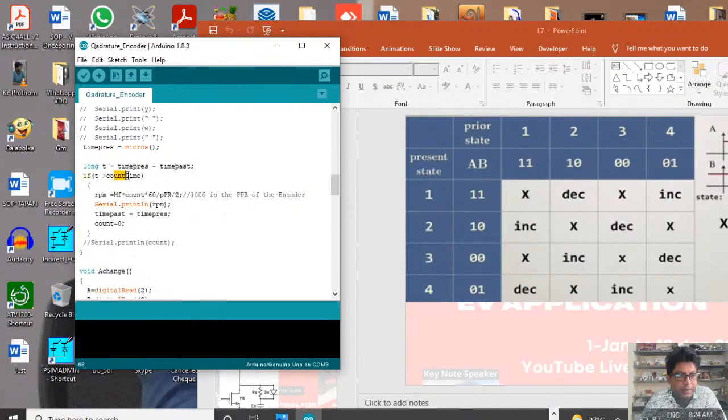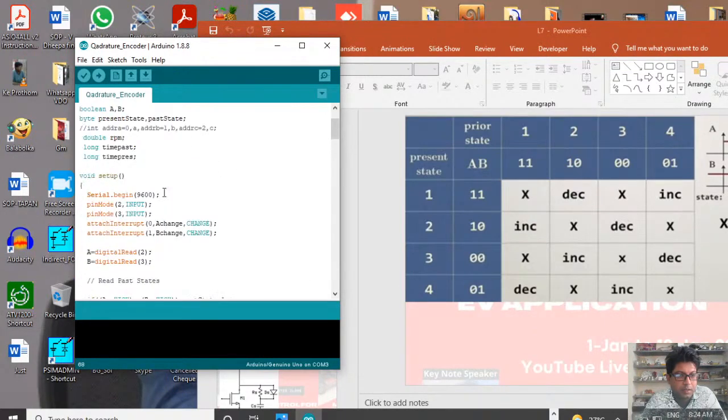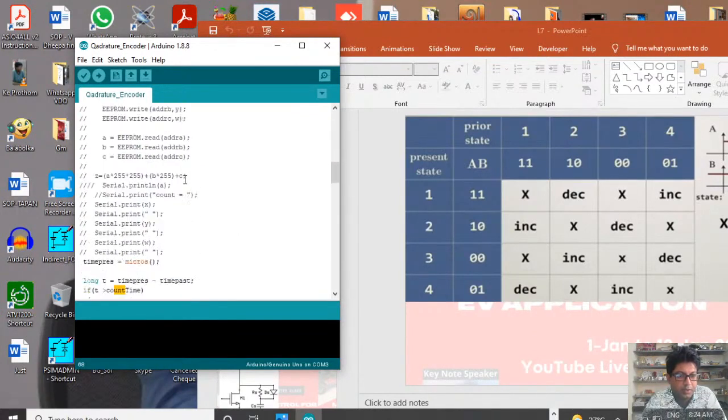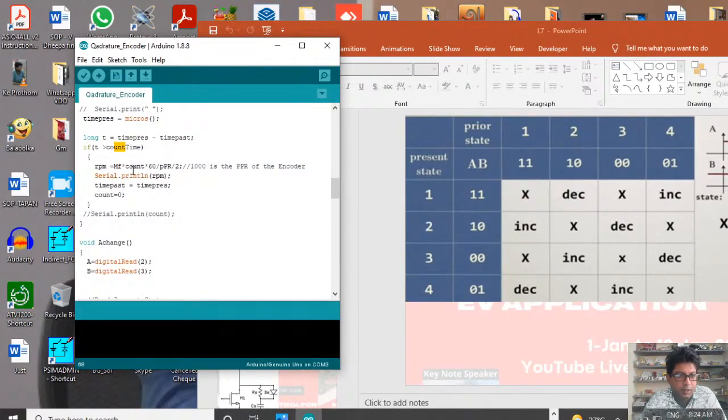So here you see, count time I have used 1 second, which is 10 to the power 6, so it will be in microsecond. Then I am calculating. This is my multiplying factor, because based on my PPR and all these things, sometimes you have to do that. So that's why I have kept it.